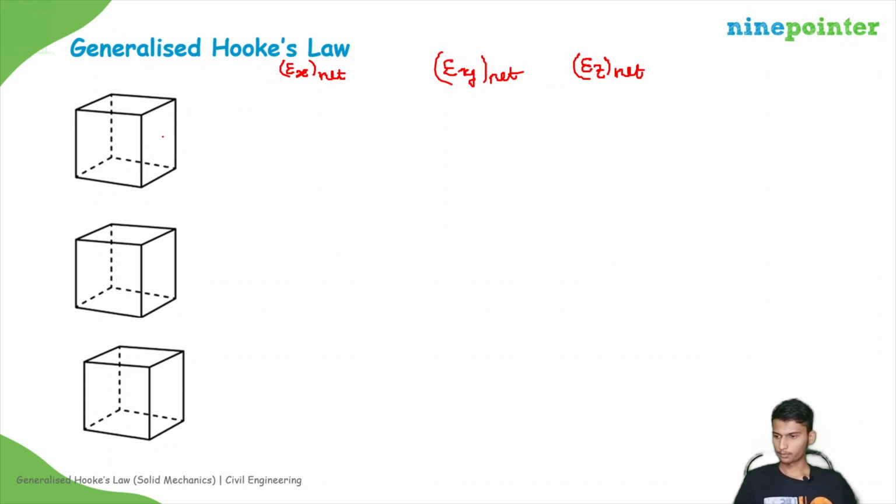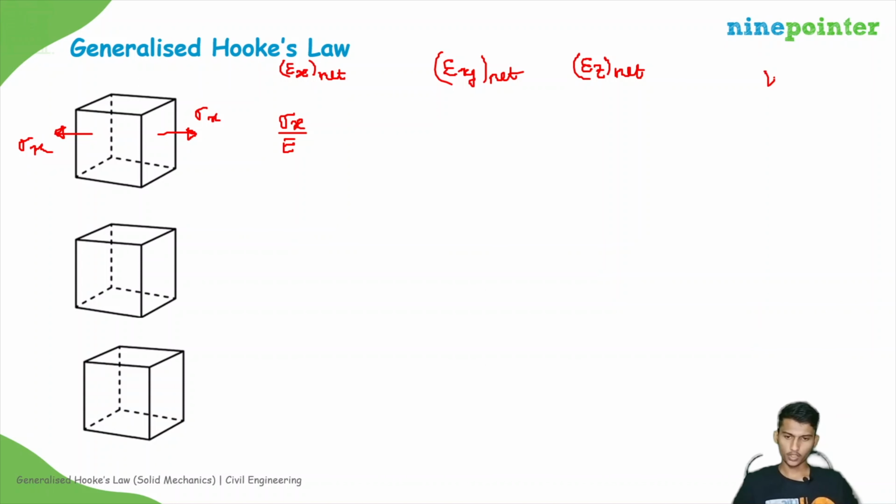So first let us apply in the x direction. This is sigma x, this is sigma x. Then what will be the axial strain produced by sigma x in the axial direction? That will be sigma x divided by E, right? Then what will be the strain produced by sigma x in the y direction?